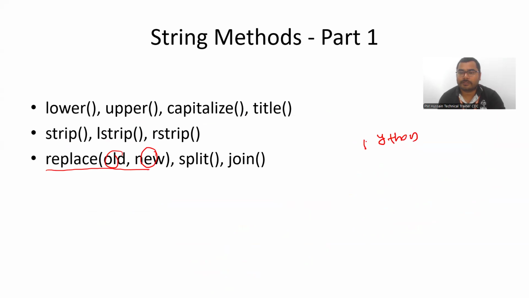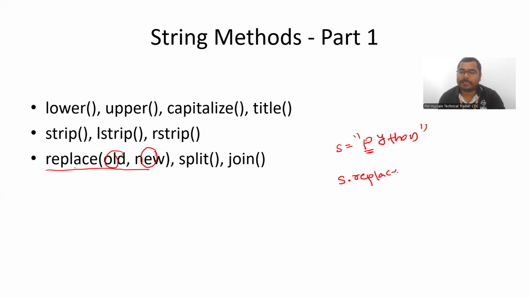Okay, so Python is our string. Now in this Python, I want to replace P with some other character. In such a case, we can use the replace method. Simply on string s, you call the replace method.